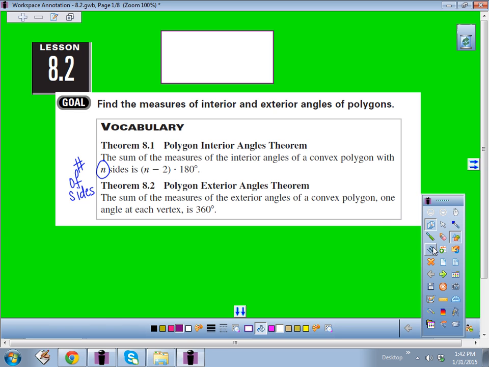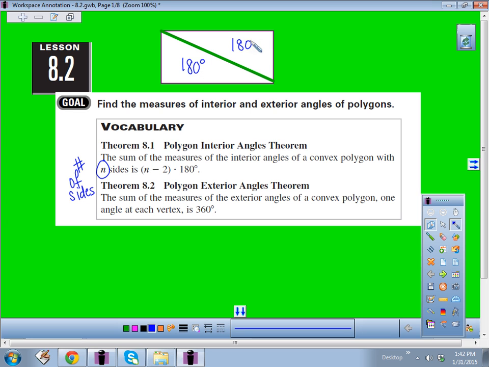Well, if I draw a diagonal in that rectangle, we need to think about how many triangles are formed by that diagonal inside the rectangle. Well, that would be 2. And we all know that a triangle's angles always add to 180 degrees. So, how many sides do we have for the rectangle?